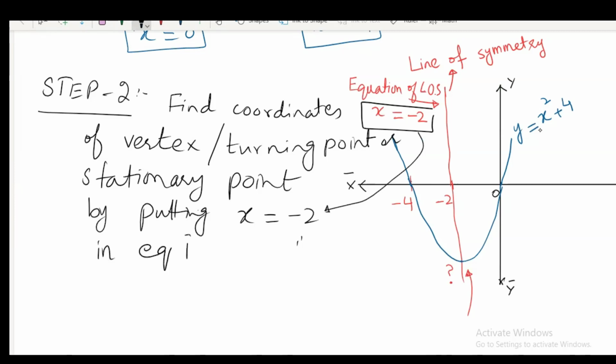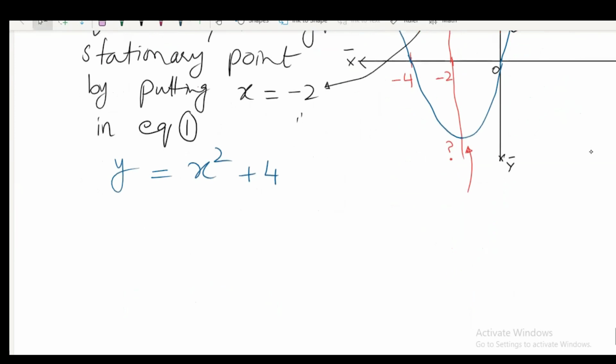The original equation was equation number 1, y equals x squared plus 4x.